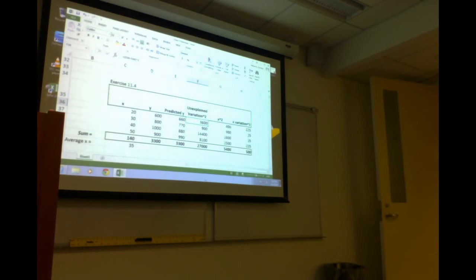To calculate the sampling distribution of the sample slope and sampling distribution of the sample intercept, we need some more information. This x variation squared, and we need the x squared. So the x, we just take the average of x, which is 35. All right, so this first one, 20 minus 35 is 15.